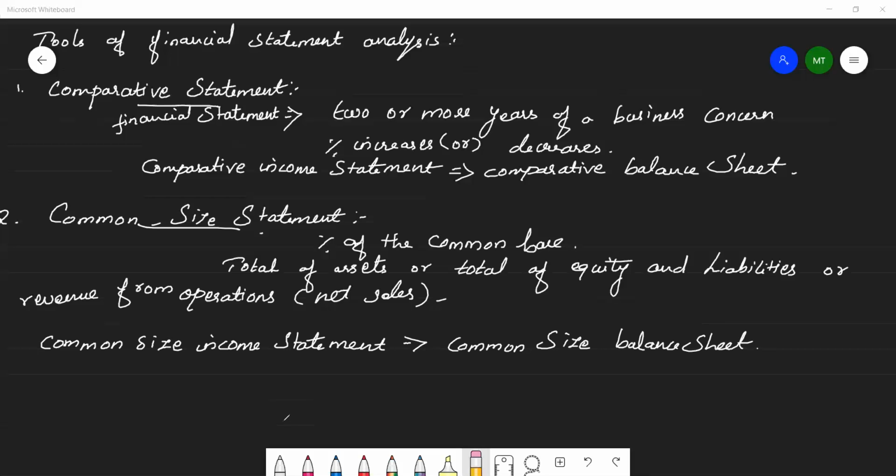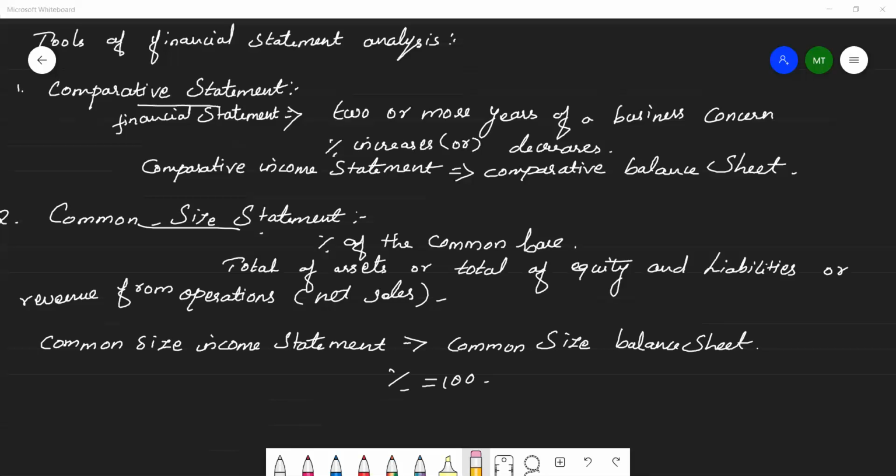That's all. So in the common size income statement, revenue from operations is taken as 100 and various expenses and incomes are expressed as a percentage. Okay, so இது already நான் சொன்னதுதான் percentage. Okay, 100 அப்படின்னு express பண்றது. So in the common size balance sheet, the total of balance sheet, that is the total of assets or total of equity and liability taken as 100.